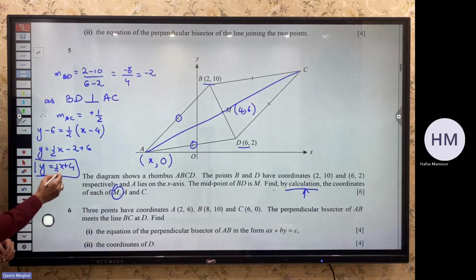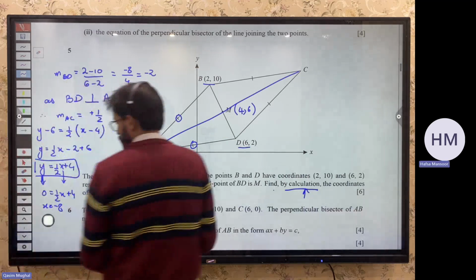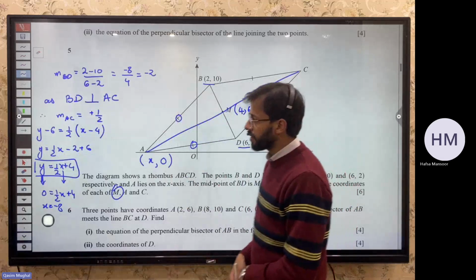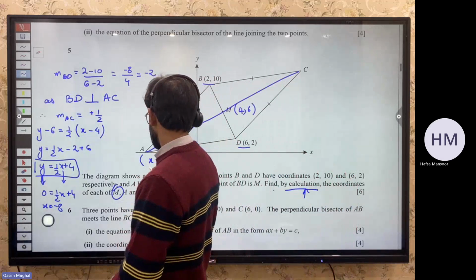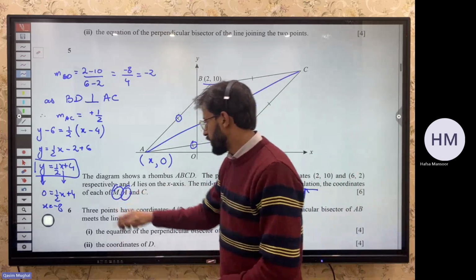On this line I need to find out the value of x where y is 0, so this is going to be negative 8। यहाँ से आप इसको सॉल्व करें, x की वैल्यू -8 आती है, so basically x is -8। A के भी कोऑर्डिनेट्स आ गए आपके पास. Is this clear, Hafsa?